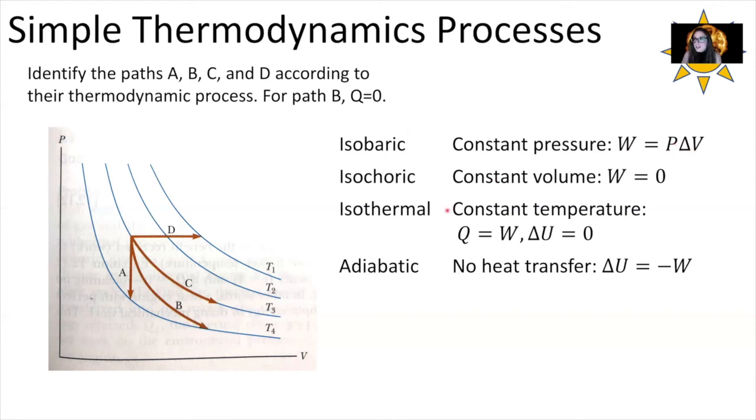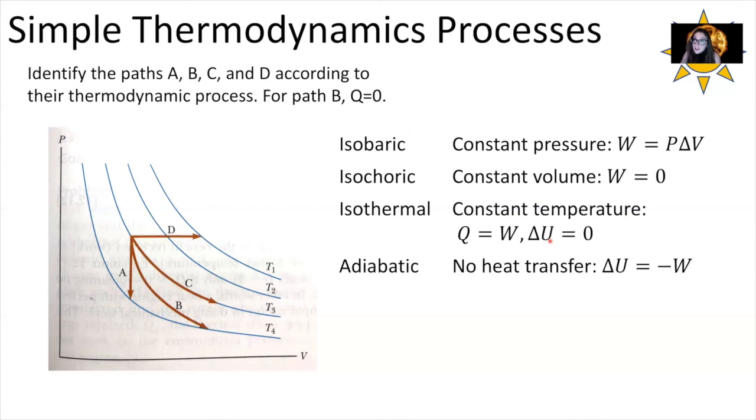Isothermal processes, those are processes that happen at constant temperature. So if there's a constant temperature, we have no change in the internal energy of the system. Temperature is a reflection of the internal energy of the system. So if you don't change temperature, you don't change the internal energy of the system.